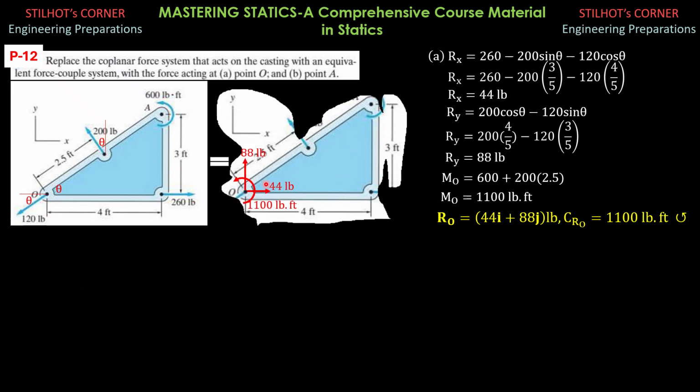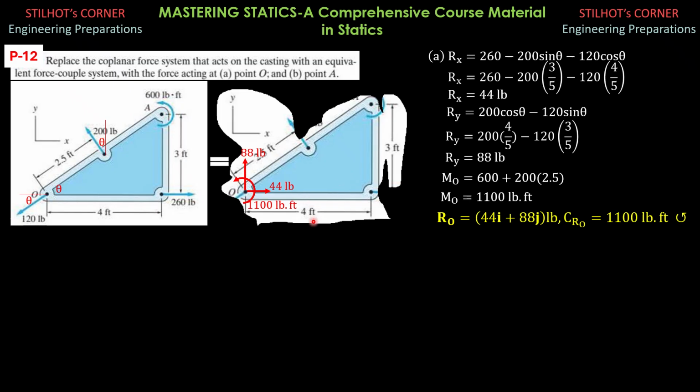Then this time we're looking for the new force couple system with the force acting at A. It is the same force, but what's the moment? The 1,100 is counterclockwise. The moment due to 44 is also counterclockwise, so plus, then minus 88 times the distance.